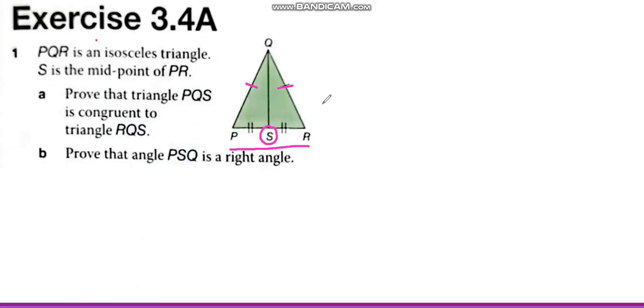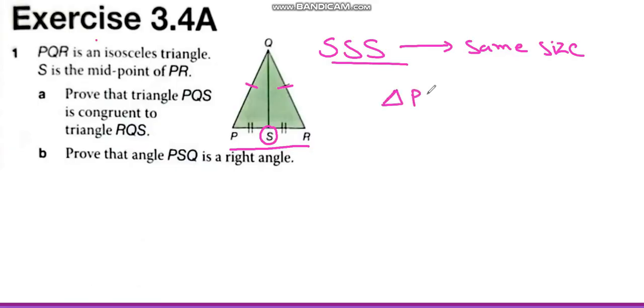For congruent shapes, there are some rules. If we prove that all corresponding sides of both triangles are of the same size, then we can say the triangles are congruent. There are also some other rules that we have seen in our previous slide. Let's compare the two triangles, PQS and RQS, and check whether they are congruent or not.